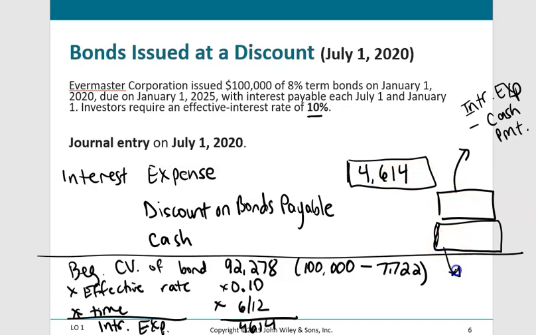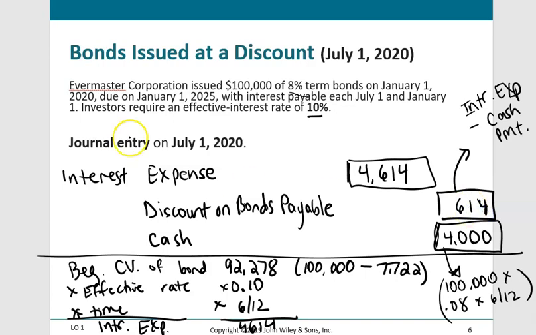So what is the amount of the cash payment on the interest? Well, that's easy. As with any bond, take the face value, multiply it by the stated rate, which we're told is 8%, and these bonds are semi-annual, so we have to multiply this by 6 out of 12, so 4,000. Remember, amortization of a discount increases interest expense. So while we're amortizing or decreasing the discount for the difference, 614, that results in an increase in interest expense.